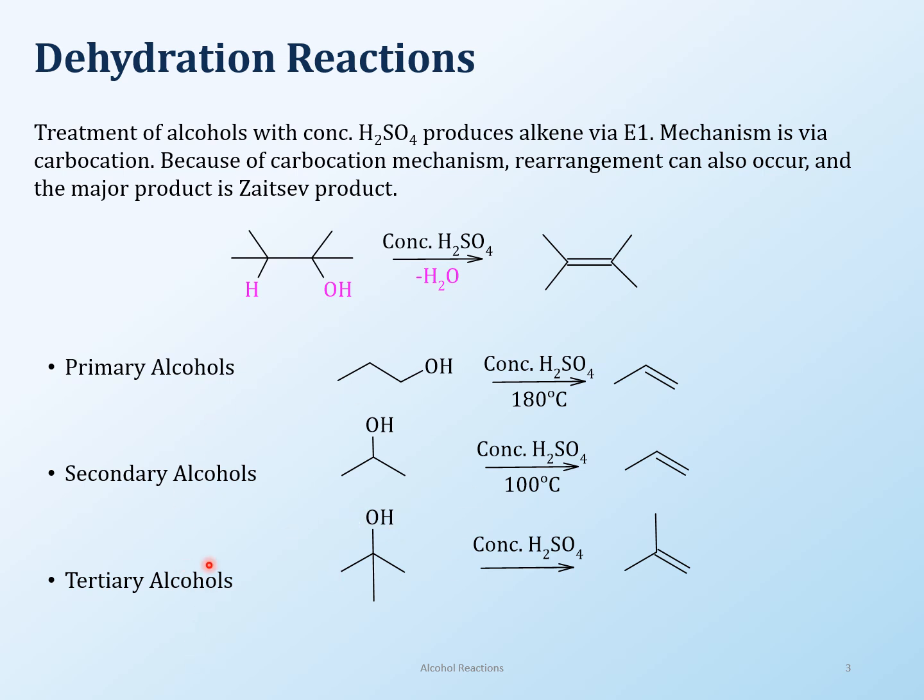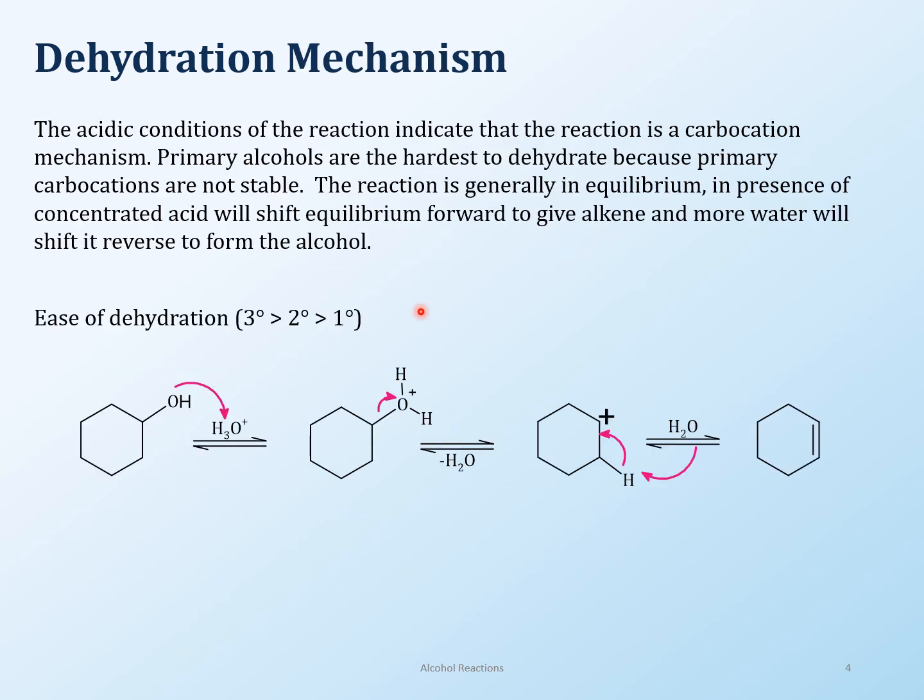So let's look at how this is working. This is just a simple dehydration mechanism. It could be for secondary or tertiary, because remember, primary is the hardest one to dehydrate. Primary also dehydrates, just sometimes in a slightly different way. So I'm going to do the dehydration mechanism for a secondary alcohol.